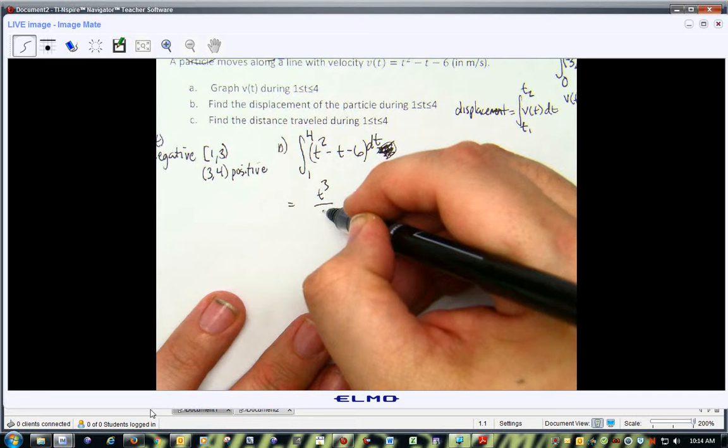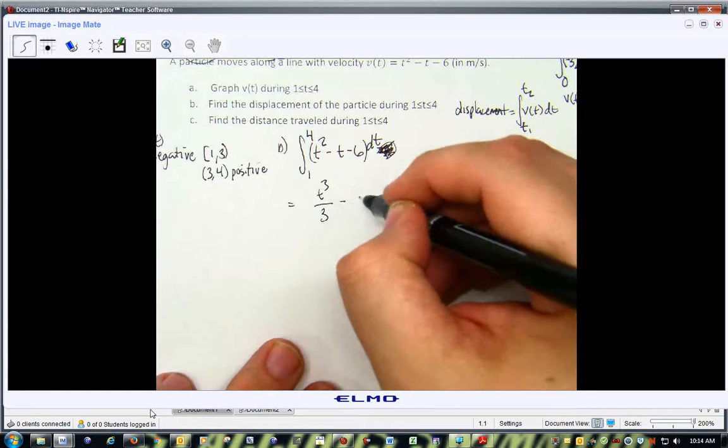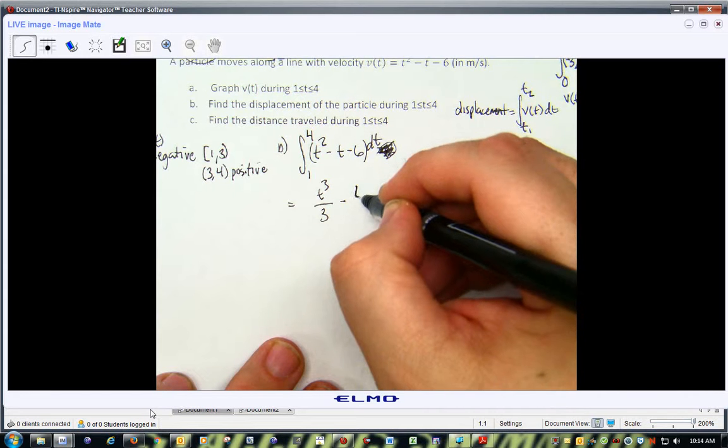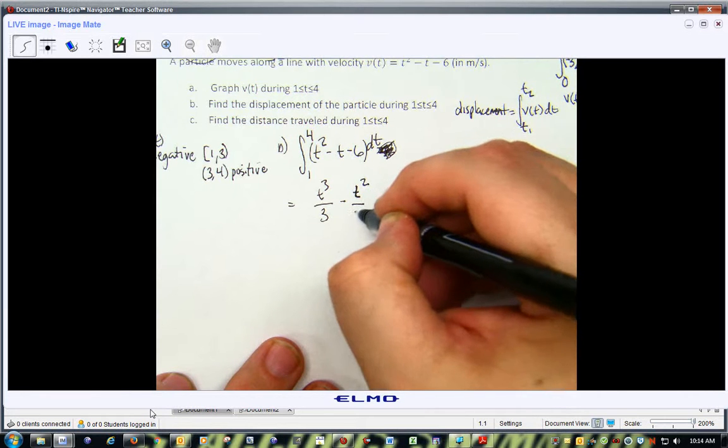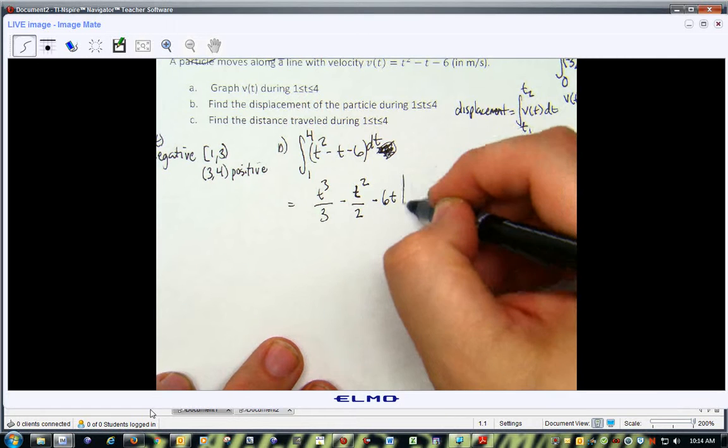3 minus t squared over 2 minus 6t, all evaluated from 1 to 4.